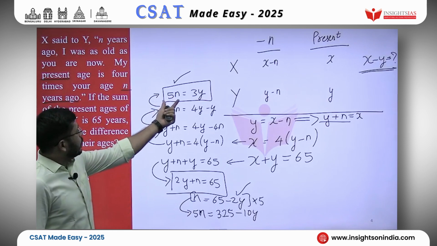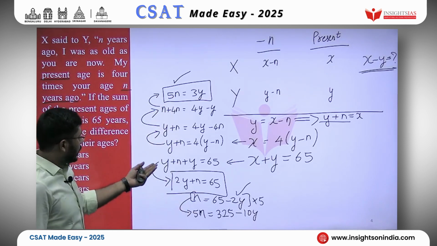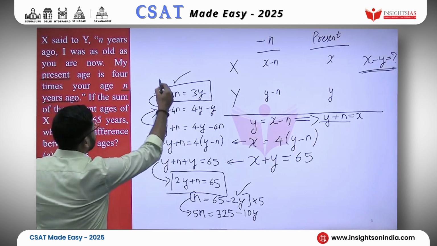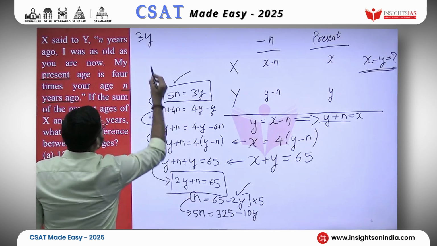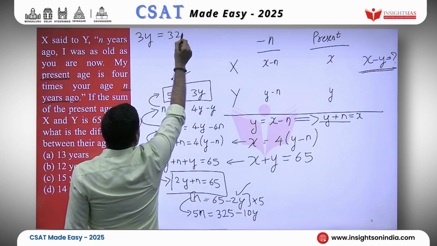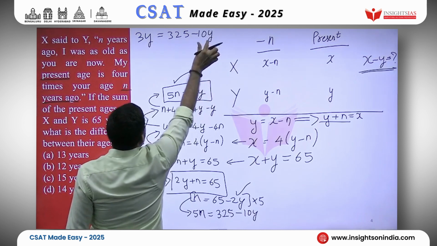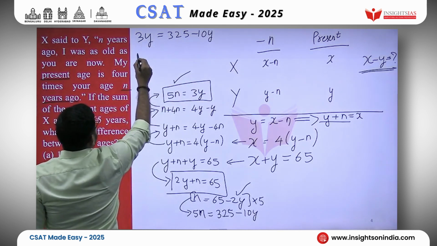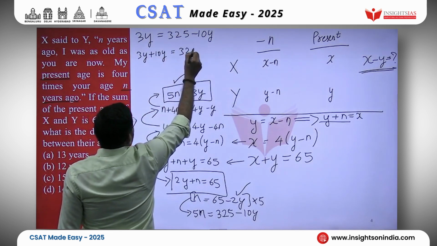So now we have 5n and 5n on the LHS. So we will now equate the RHS. Here the RHS is 3y and here the RHS is 325 minus 10y. Now I will send this 10y this way. It would be 3y plus 10y is equal to 325.